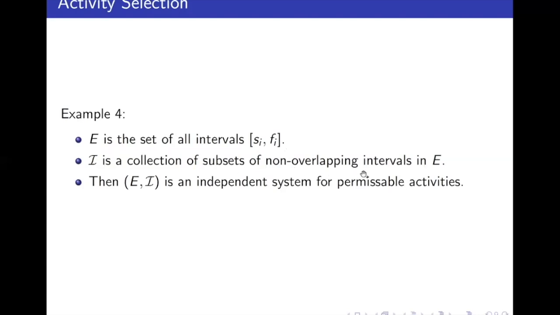Given a set of non-overlapping intervals, any subset of this set also contains non-overlapping intervals. Hence, it is an independent system. So this (E, I) is an independent system for permissible, or compatible, activities.